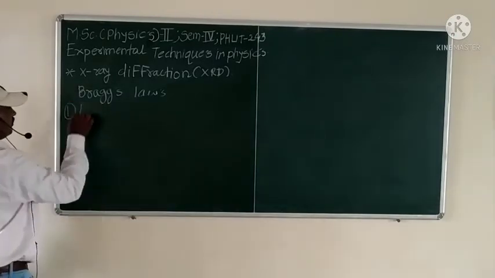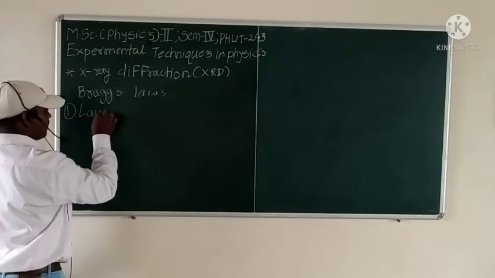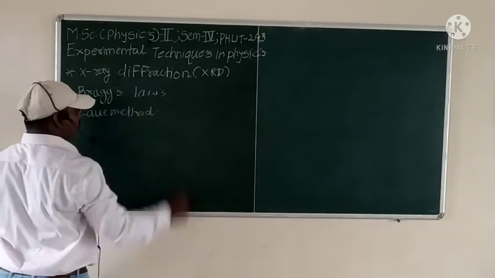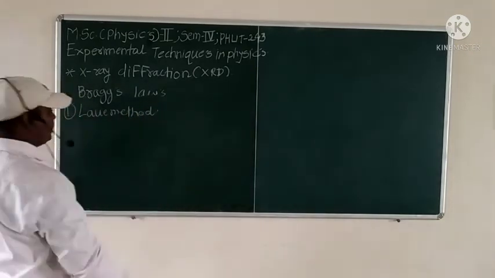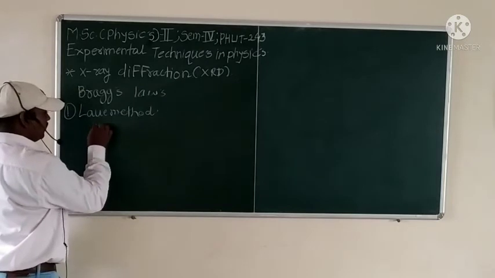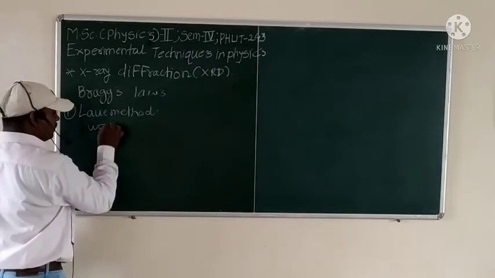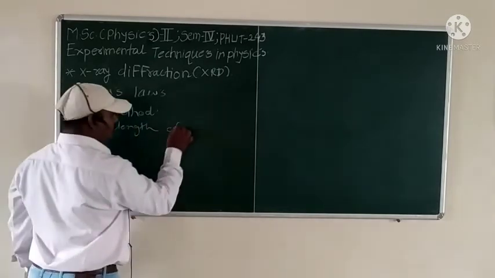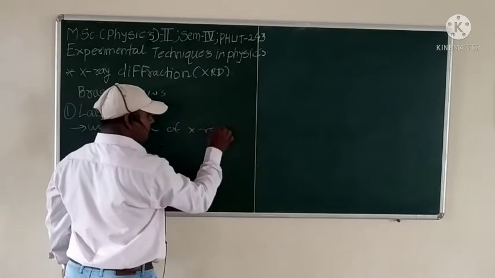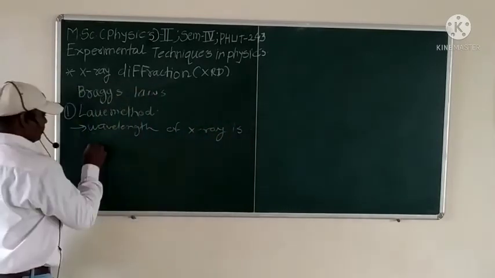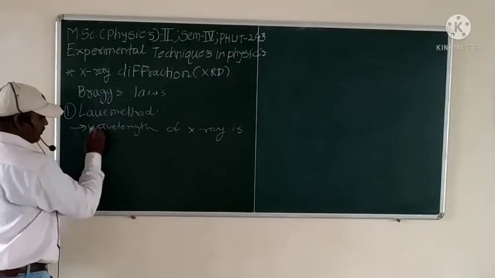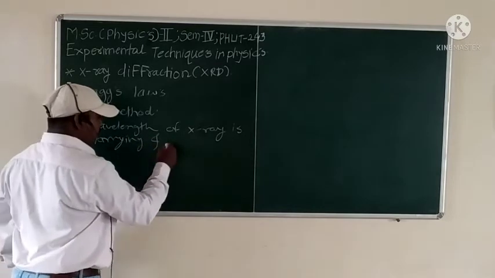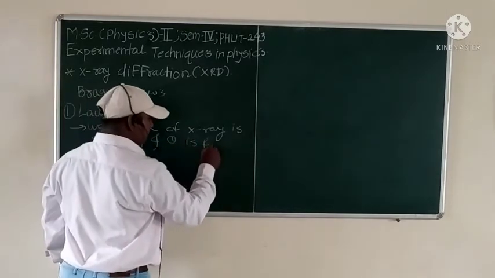Okay. So the first method is the Laue method. You have seen from the table that in the Laue method, the wavelength of the X-ray is varied and the angle theta is fixed.